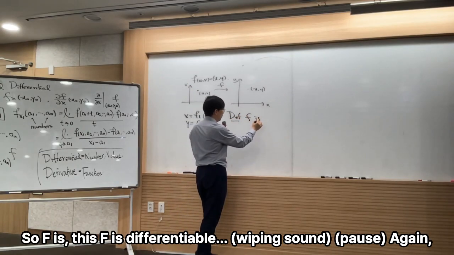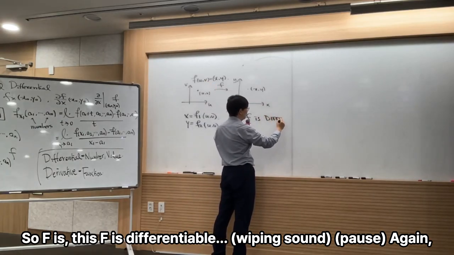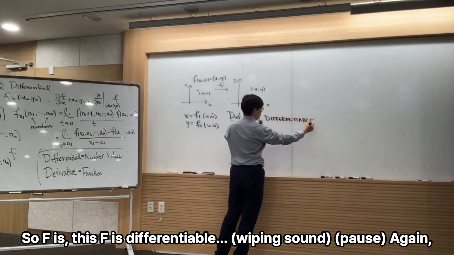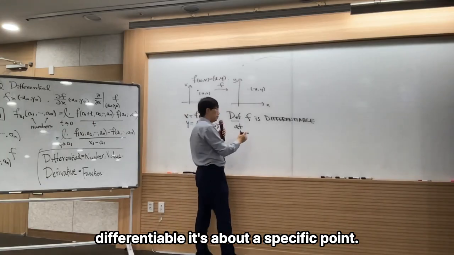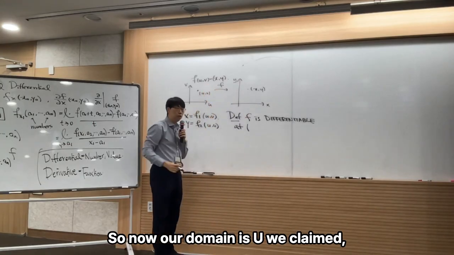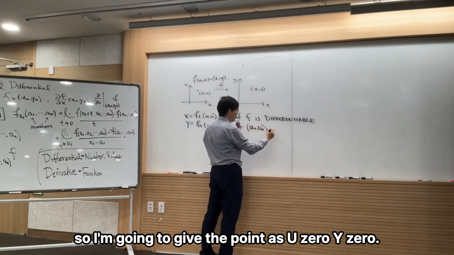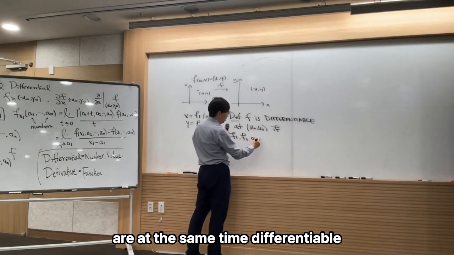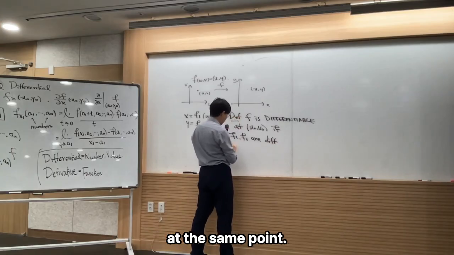So this f is differentiable. Again, every time you say differentiable, it's about a specific point. Now our domain is the UV plane, so I'm going to give the point as (u0, v0). f is differentiable if f1 and f2 are at the same time differentiable at the same point.